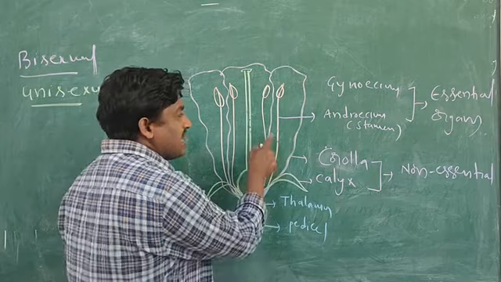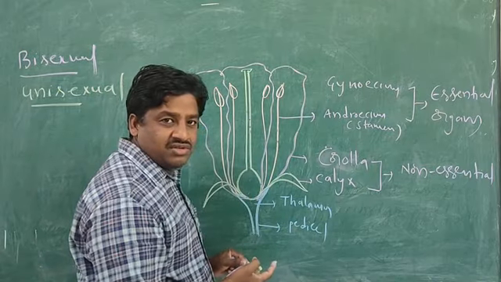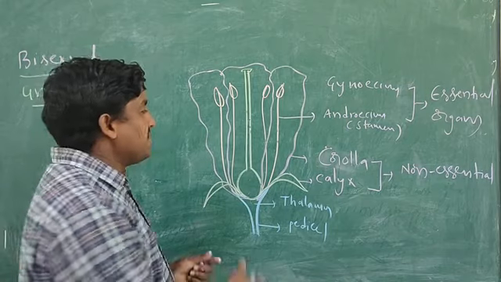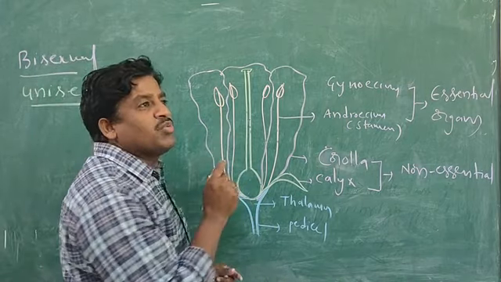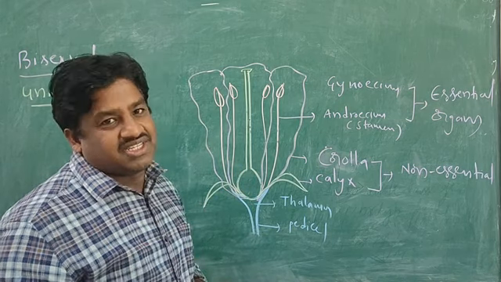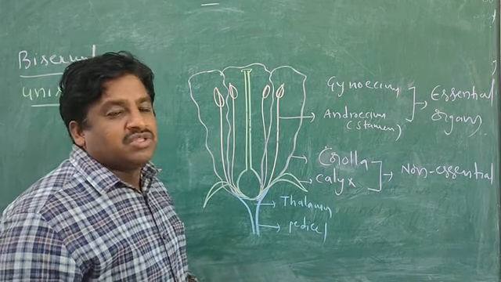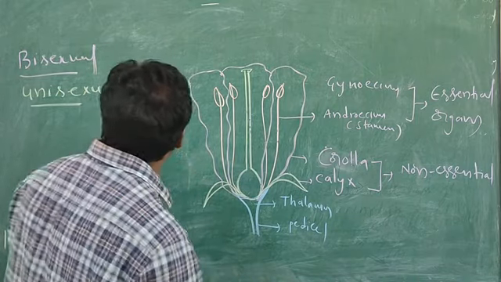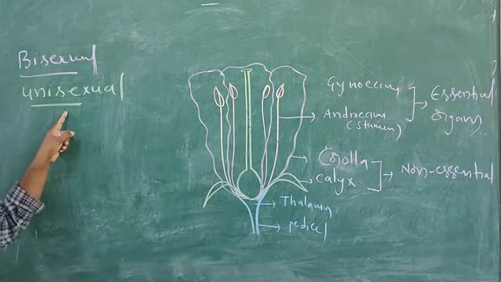So the flower containing maybe stamens, that is unisexual. Female is not present. Maybe the flower having only gynoecium. Male is absent. So that means a flower having either male or female. Such flowers we call unisexual.